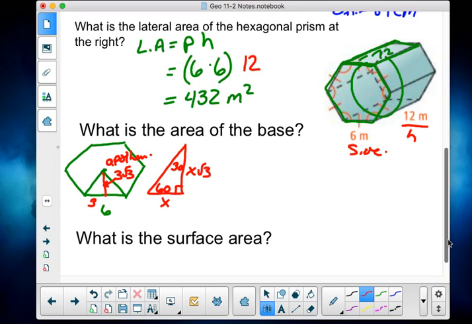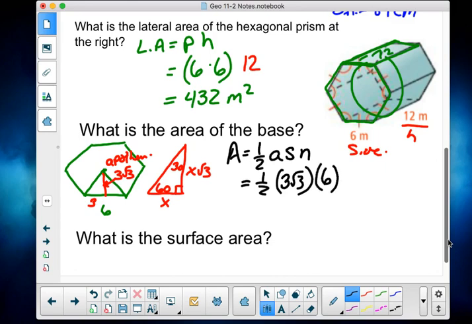Now, the information that we learned in chapter 10 is here. We are working with area. I wrote apothem, area is equal to 1/2 a s n. This is 1/2 a, my apothem, 3 the square root of 3. My side length is 6. The number of sides is 6.